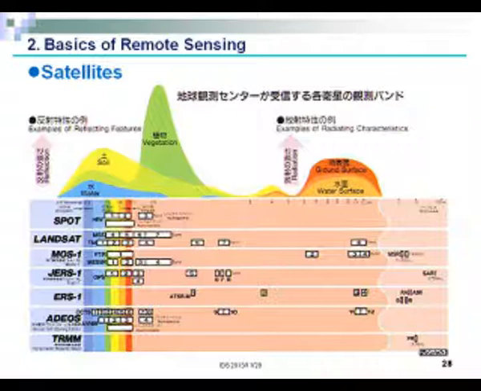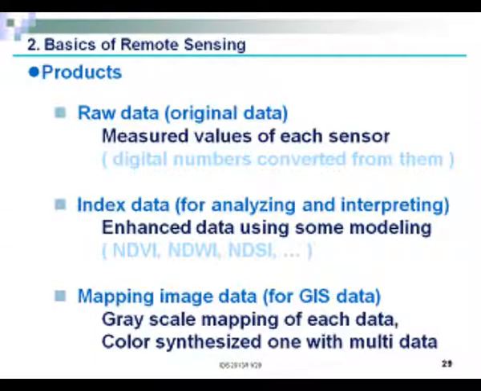SPOT has visible bands and a near IR region. Landsat has two types of sensors: MSS has sensitivity in the visible region and near IR region, and the other one, named TM, has sensitivity from blue color to red color, the near IR region, the shortwave IR region, and the thermal region.